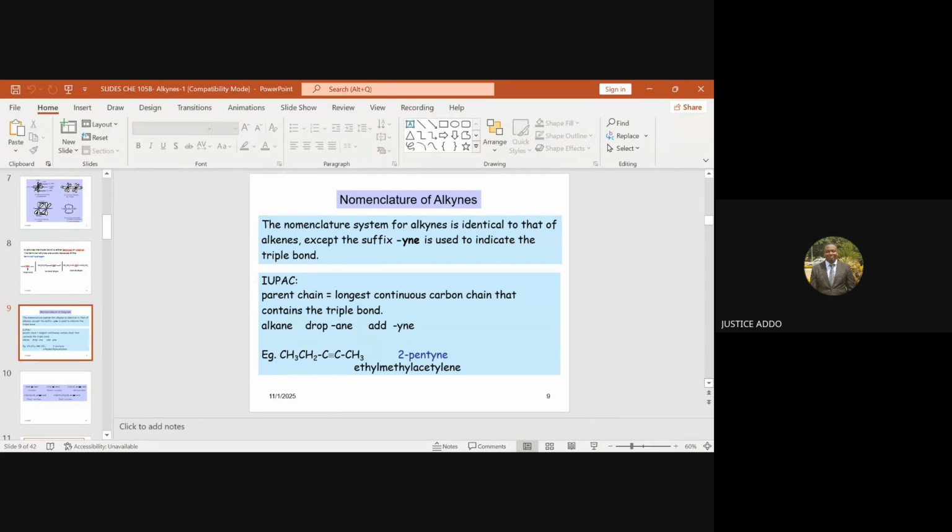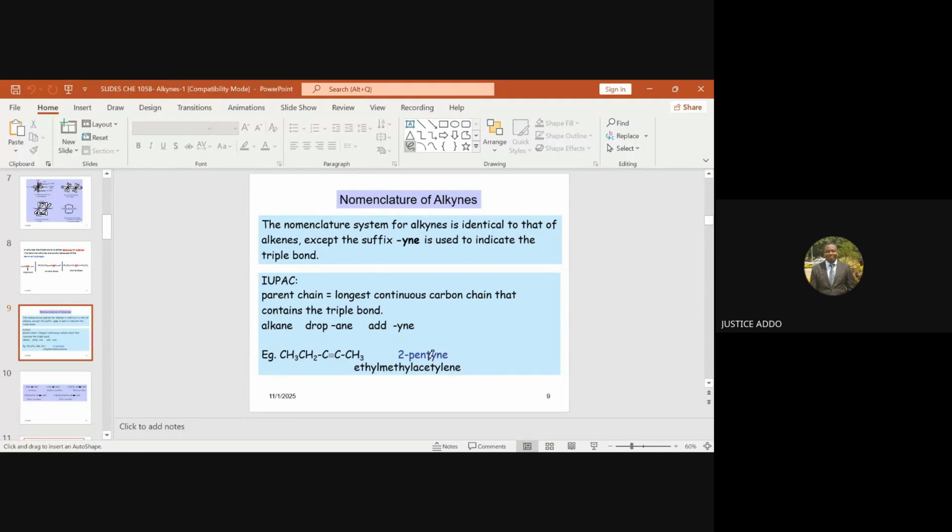So it becomes what? Ethyne. If it is pentene, a 5-carbon alkene, the last 3 letters ENE are replaced with what? YNE. So it becomes what? Pentyne. So take note that the last 3 letters in alkynes are always what?